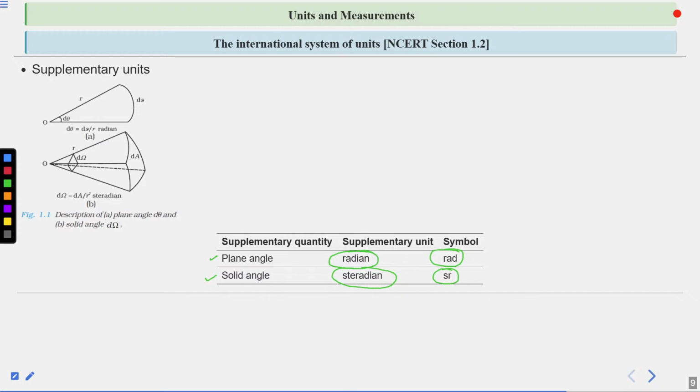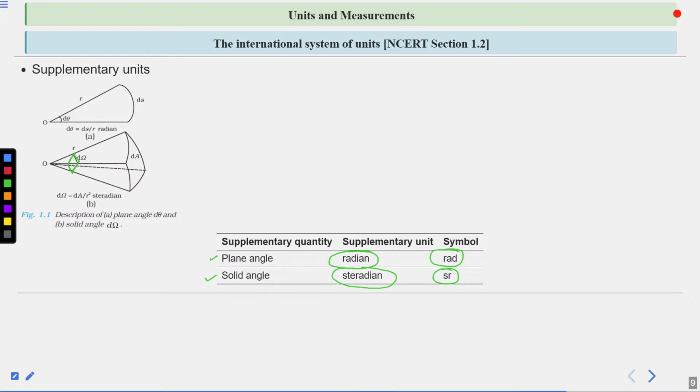So there are 7 base units, or we can say 7 fundamental units, and 2 supplementary units, that is plane angle and solid angle. For the visualization, think about a cone ice cream, and lastly, suppose this solid angle. Yes, think about a watermelon cut into a piece.